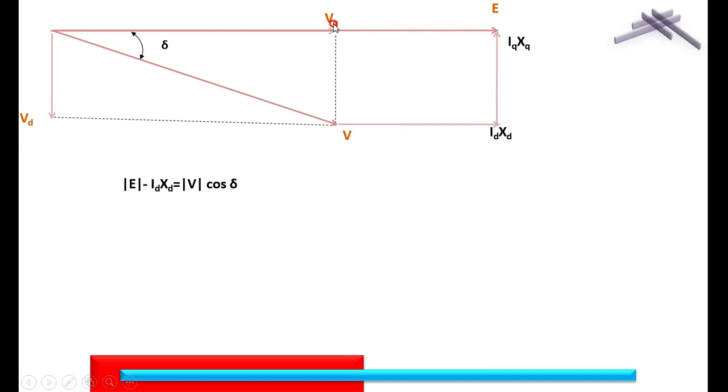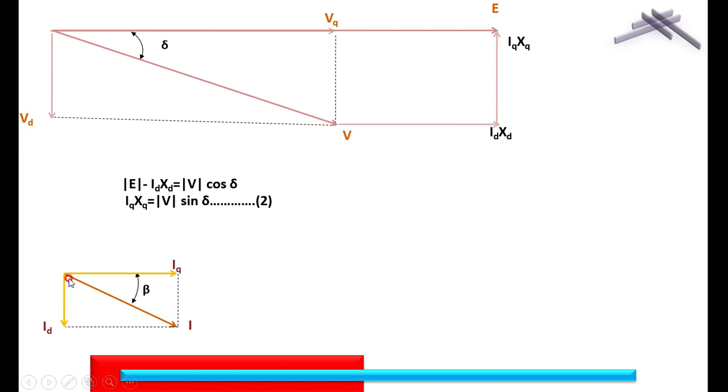VQ is nothing but V cos delta. Therefore, V cos delta is equal to E minus IDXT, as written in the last slide. Similarly, the side opposite to delta is VD. VD is nothing but V sin delta, that is IQXQ. Therefore, IQXQ is V sin delta.